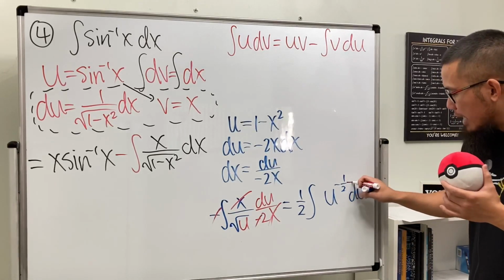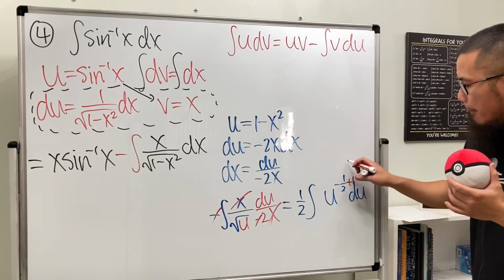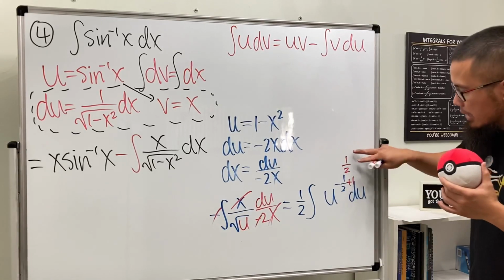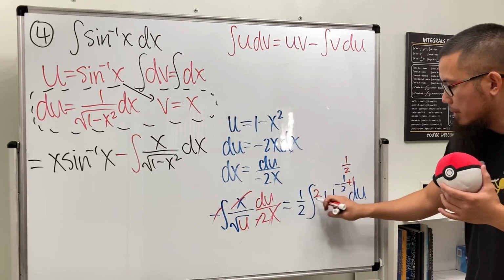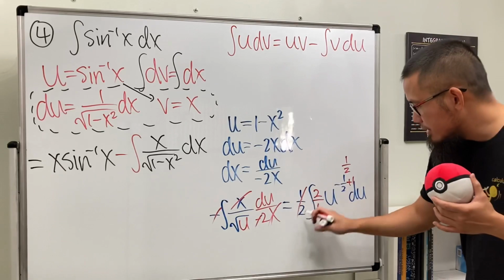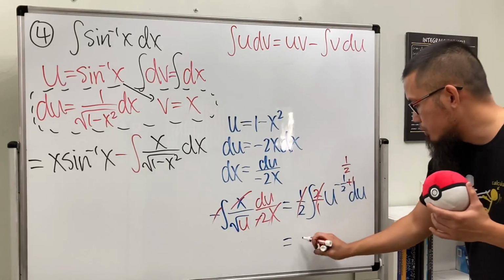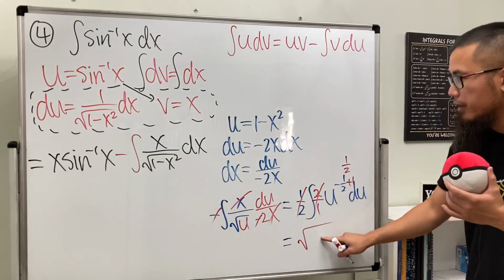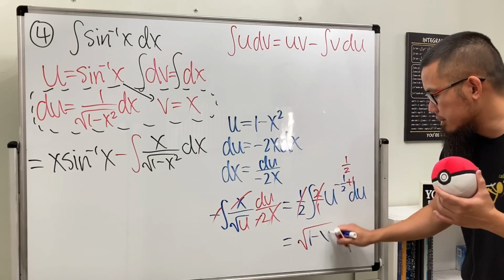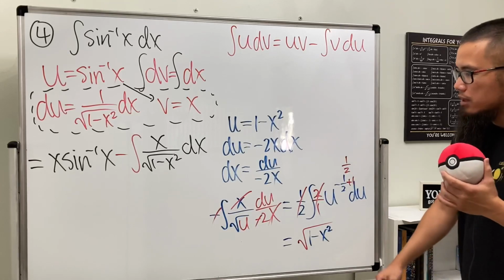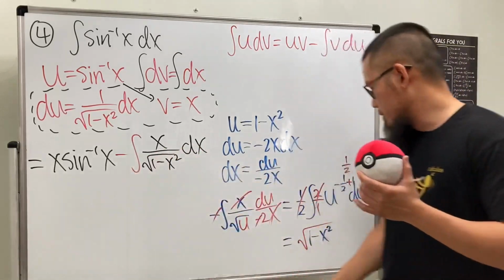To integrate this, we add 1 to the power, which will give us positive 1 over 2. Divided by the new power, we multiply by 2 over 1 right here. And then you see this and that cancel. So we end up with u to that power, which is just square root of u, and u is that. So that's 1 minus x squared. And you see, the whole thing will just be that.